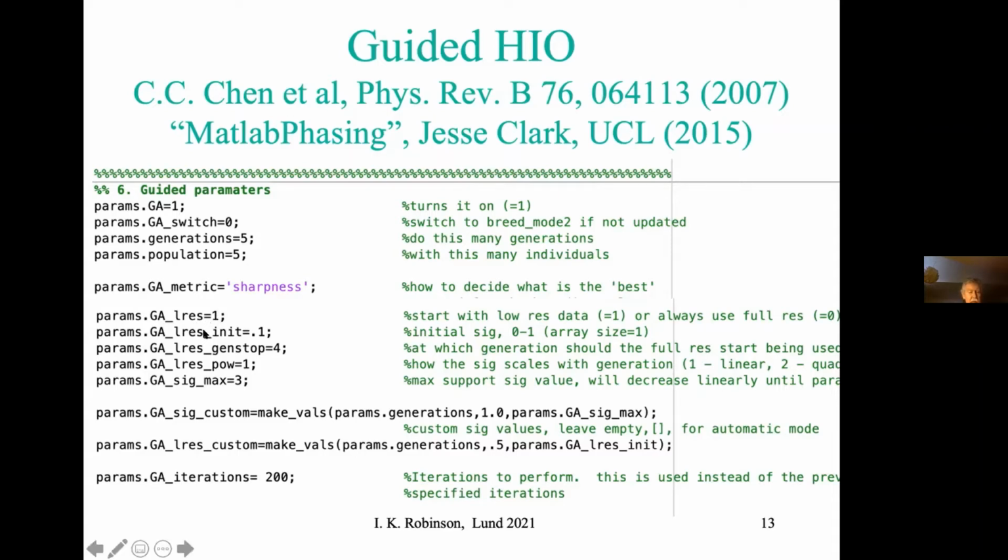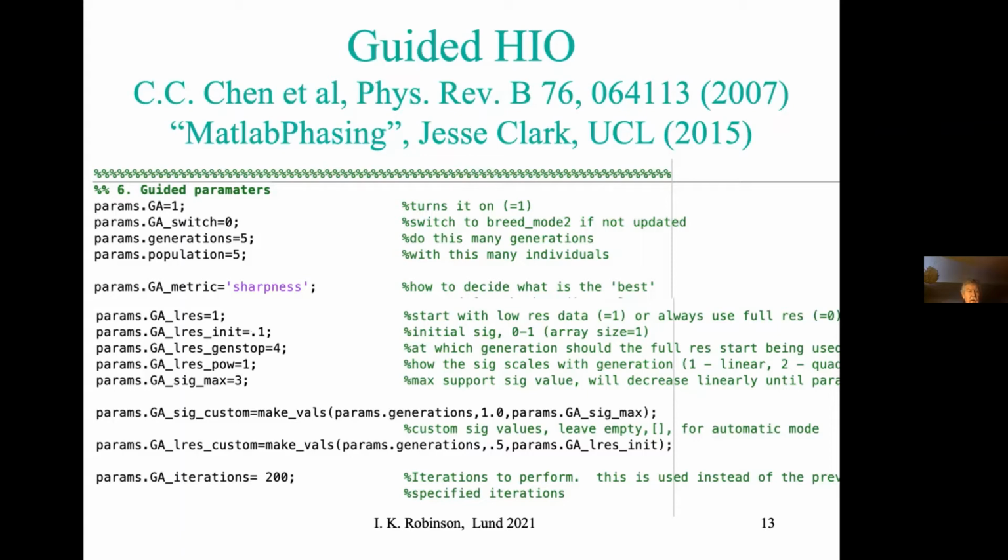The other innovation which is quite important is this low resolution idea. This comes from crystallography, and the idea is that if you're far away from a solution to a problem, you start with low resolution data and then expand.